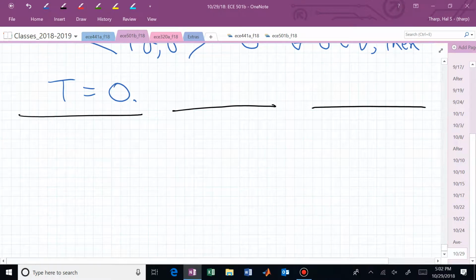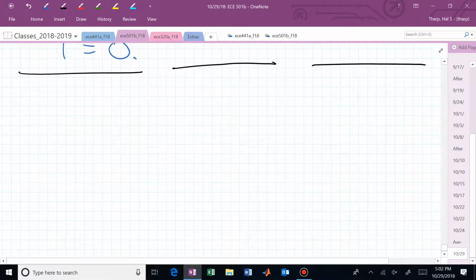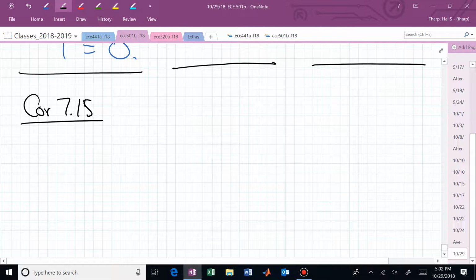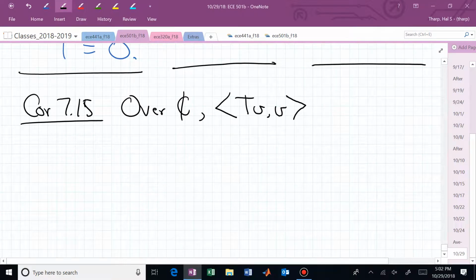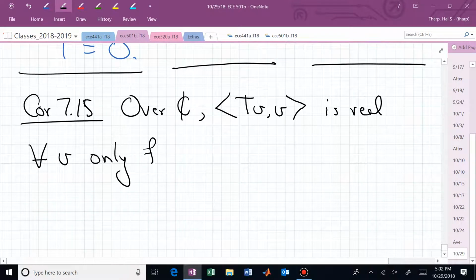Let's look at corollary 7.15. And its label is that over the complex field, TV inner product with V is real for all V only for self-adjoint operators.